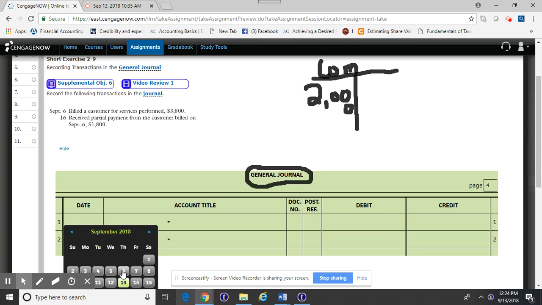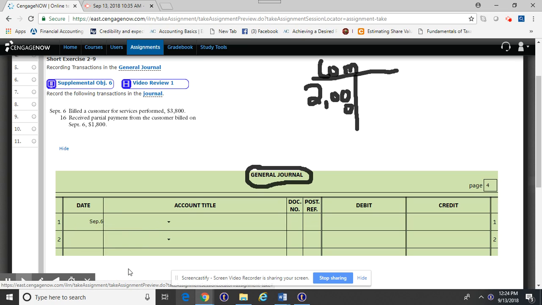So we do an accounts receivable. So I want to go ahead and put this date down here. The date was September 6th. I know this because of this here. Okay, September 6th. So the first account title, bill a customer for services, is going to be accounts receivable.